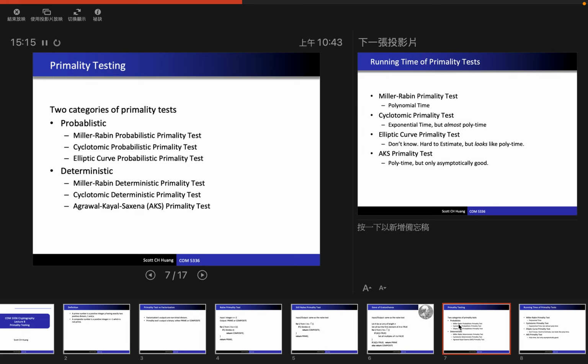Their paper is entitled "Prime is in P," because for all these years we didn't know whether or not prime is in P. This problem had been open for a while. This is the only algorithm that gives a constructive proof that prime is in P without using any hypothesis.